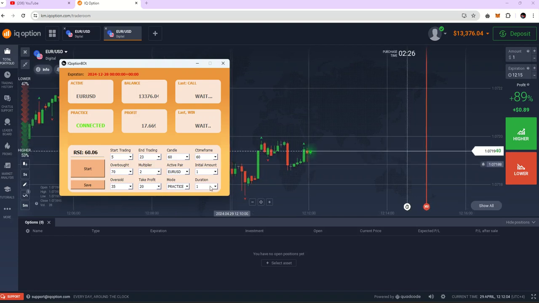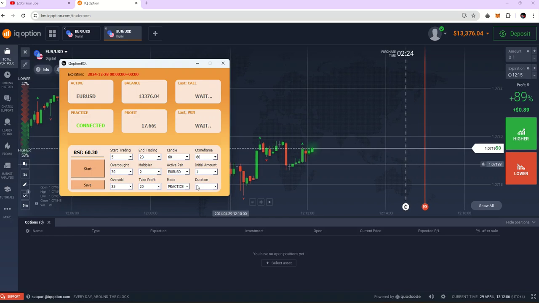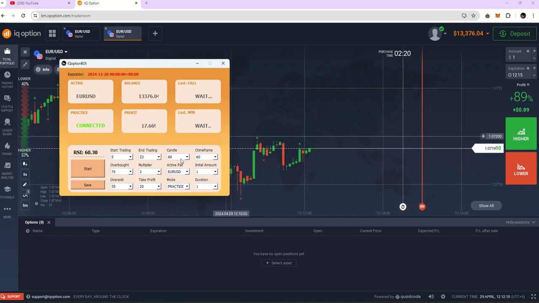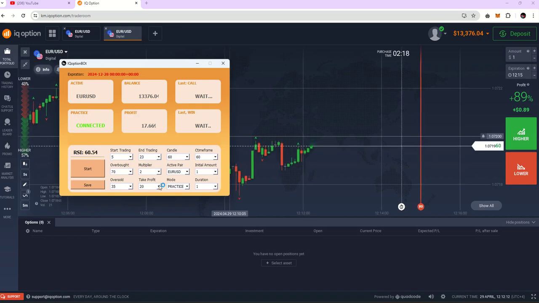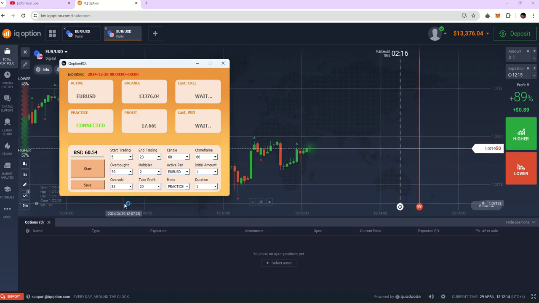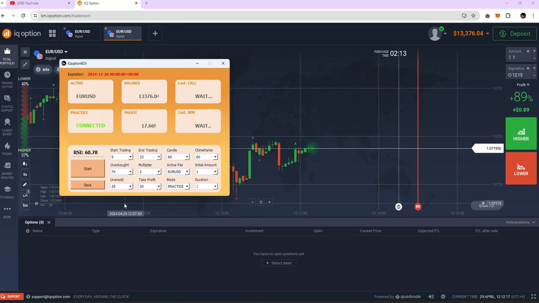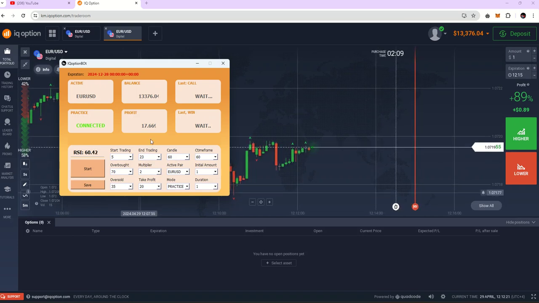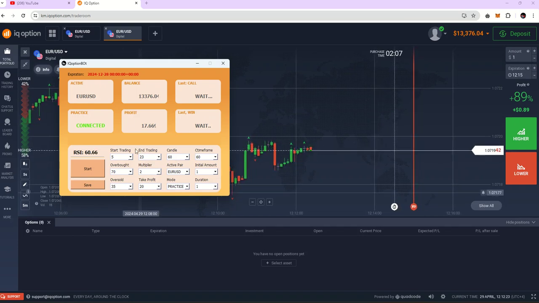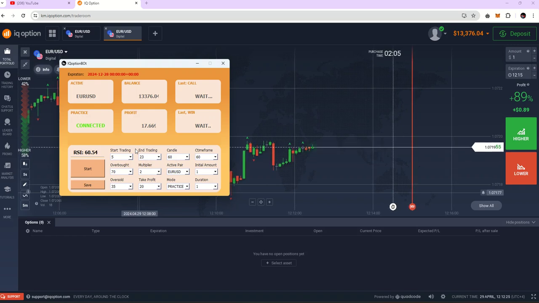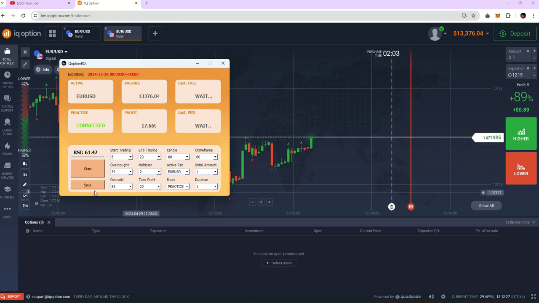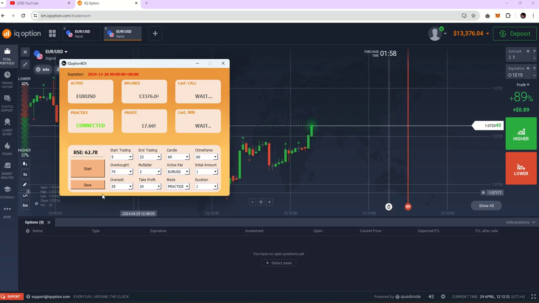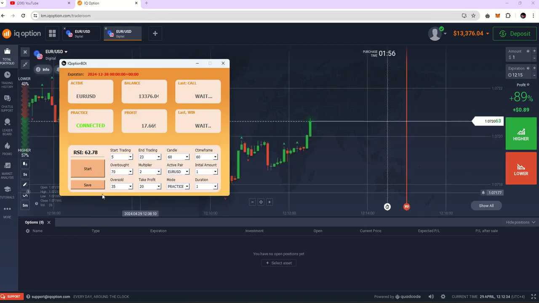So if it opens a trade, it will expire in 1 minute. That takes too long, but we will just wait until it opens a new trade.